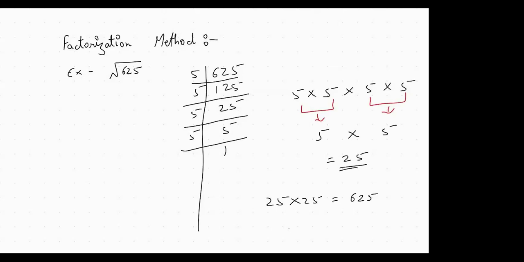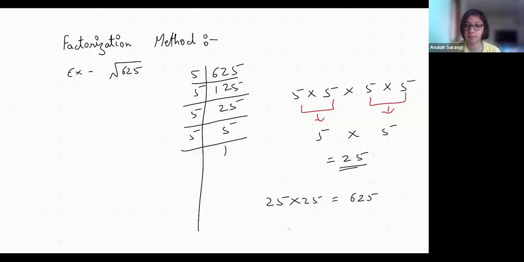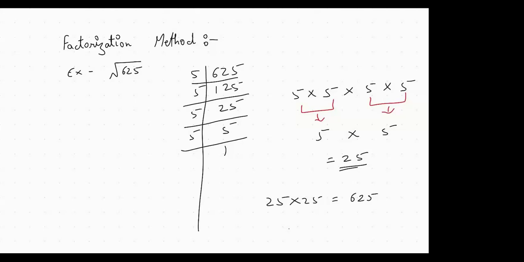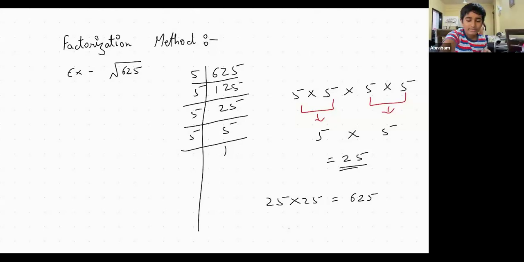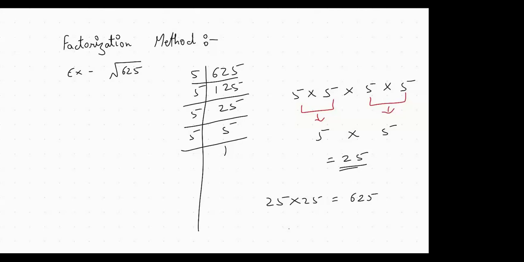I hope it's clear. Yes, ma'am. Abraham, is it clear? Ma'am, can you explain the last part, please? The last part. Okay, see, after I have done the factorization, we will list out the factors.